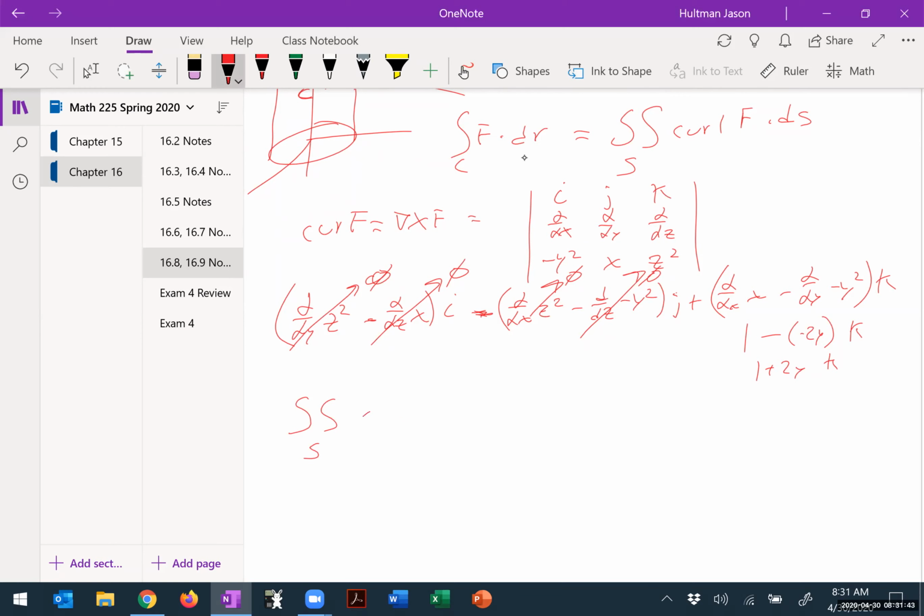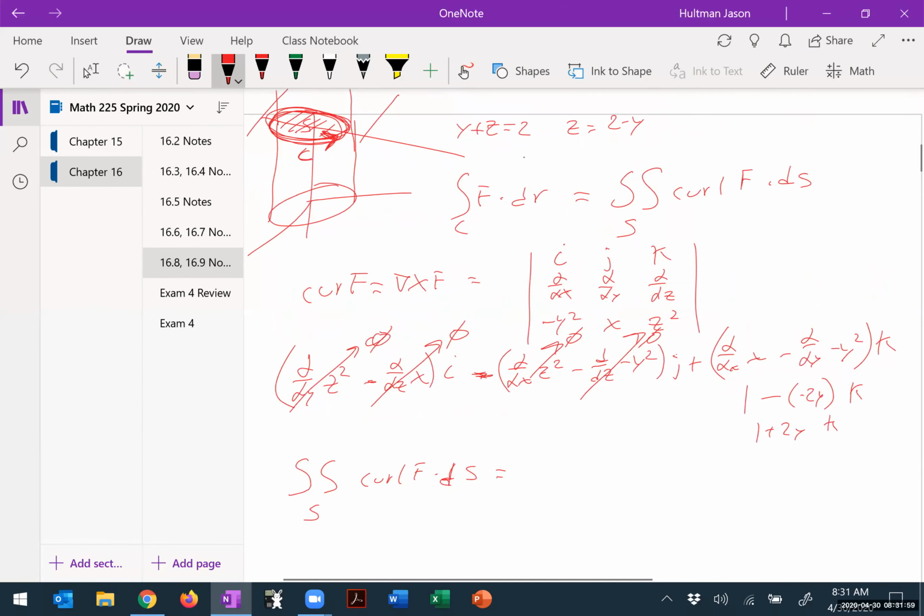Let's go back to the curl of f dot dS. So we've changed the line integral into a double integral over S.